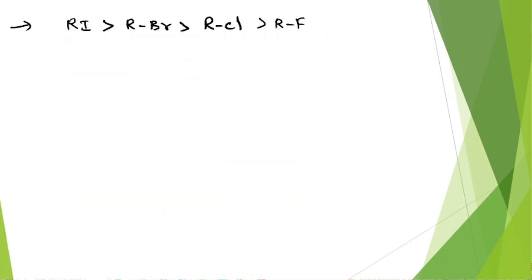Okay. See the next point. So here I have given some order, right? RI, RBr, RCl, RF. So it is the decreasing order of the boiling point of halides.